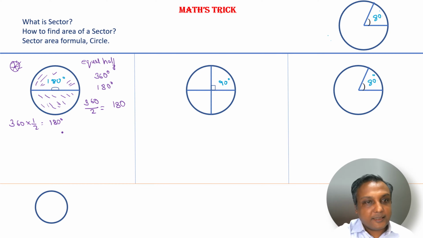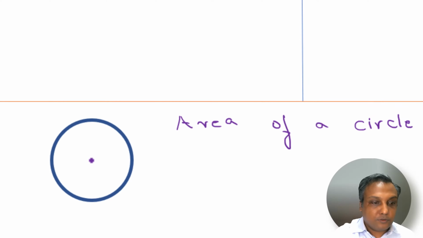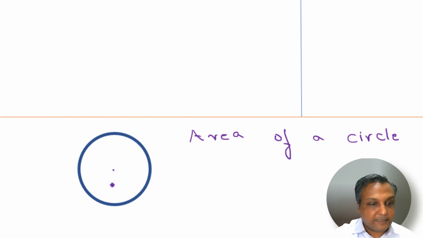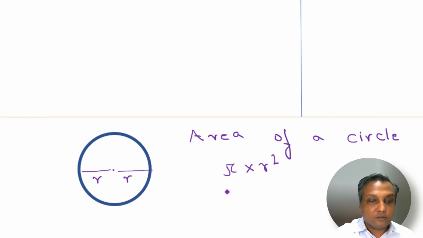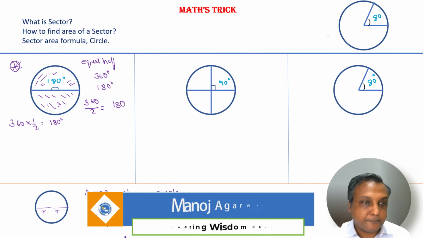Before understanding the area of a sector, we have to understand the area of a circle. So this is the center point and this is the radius denoted by r, and the same over here, r. So the area of a circle will be pi into r square. The value of pi is 22 by 7 into r square, that means radius square.